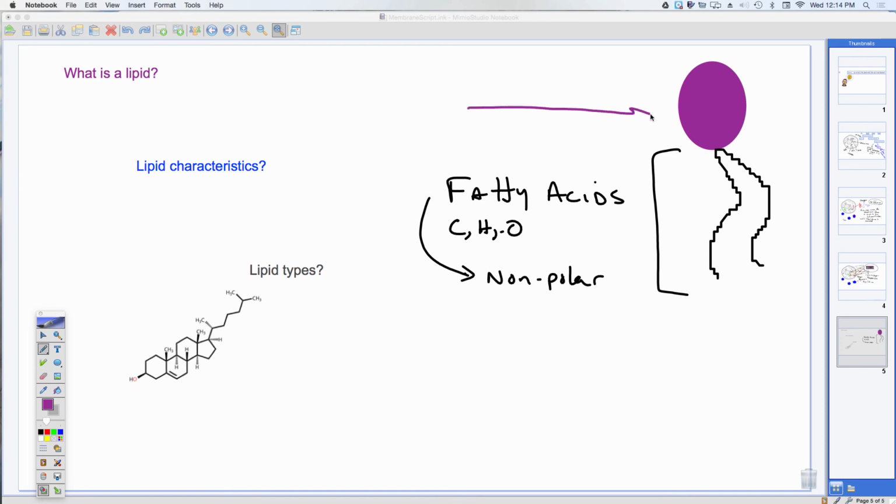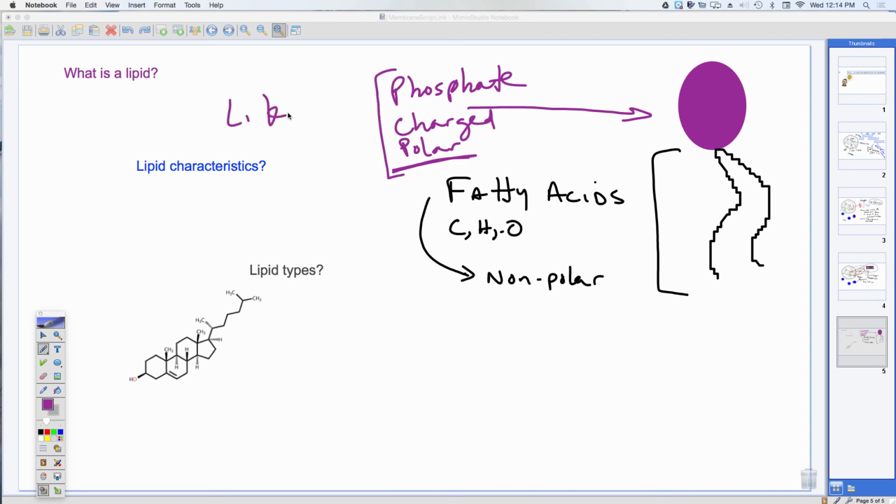And the end result is they are non-polar. On the other hand, the top part, the part in purple, that's the part that we call the phosphate. And the phosphate is actually charged. And the end result is it's polar. So this likes water.